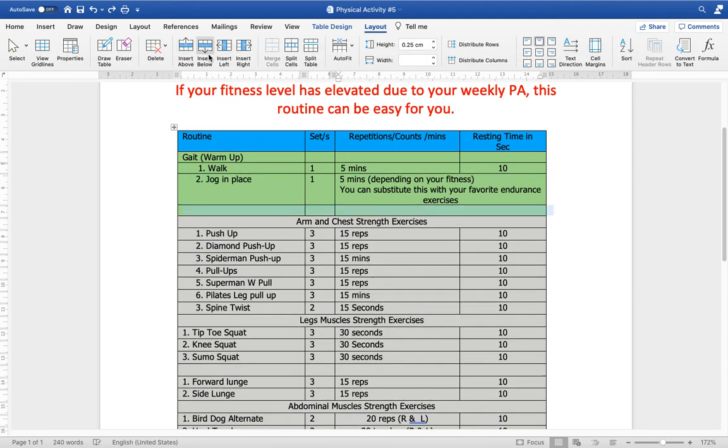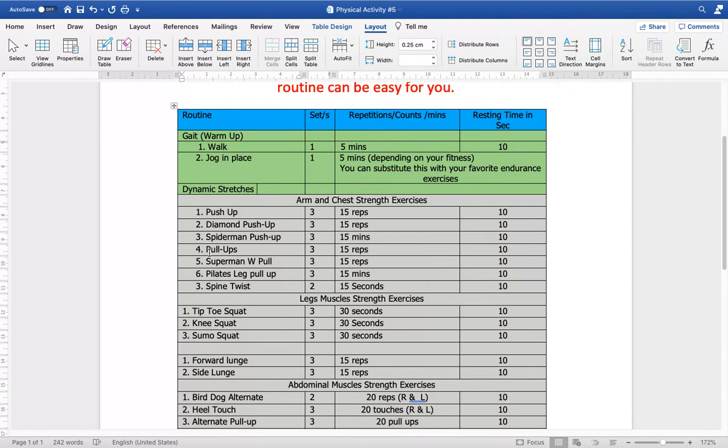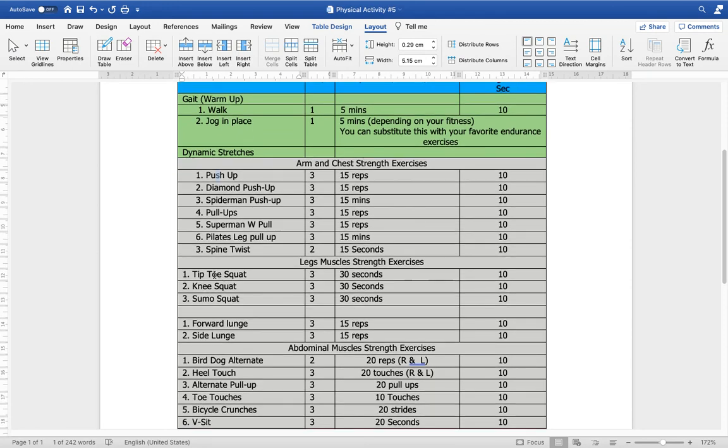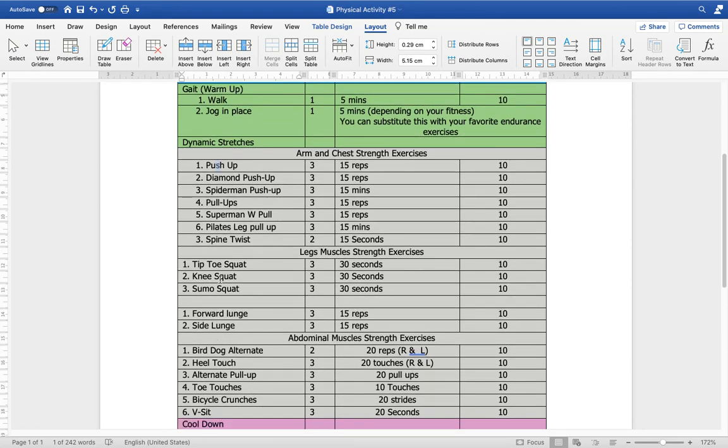Please do not forget that, because when you are using dynamic stretches, you can actually prepare your body. Okay, since you will be doing these push-ups, then you do stretches for your arms, and then legs also. These are some examples of dynamic stretches that you can do.